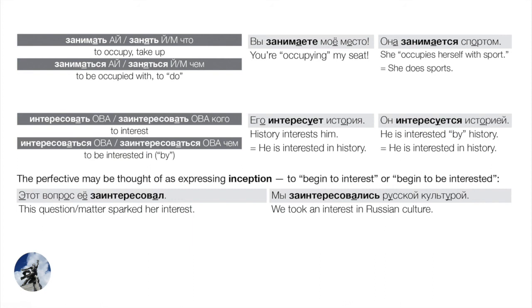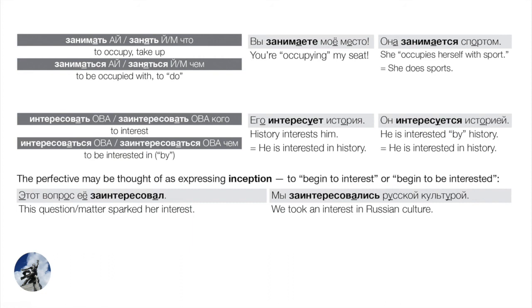Now, if we add the reflexive particle, we get something a little bit different. Заниматься, заняться, we can understand that often as a truly reflexive use of that particle, to occupy oneself, to busy oneself, to engage oneself. And as we discussed, that helps us understand why we get the instrumental there, chim.